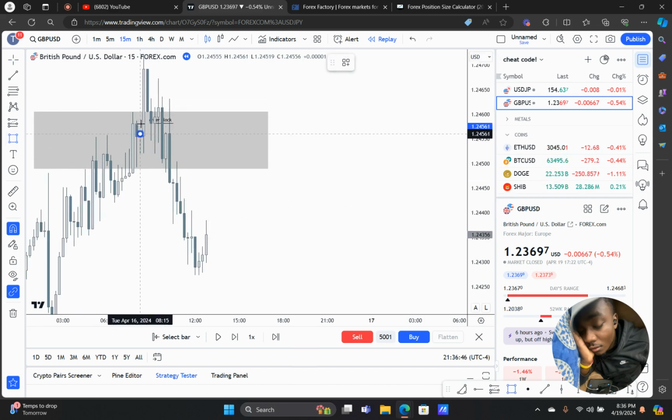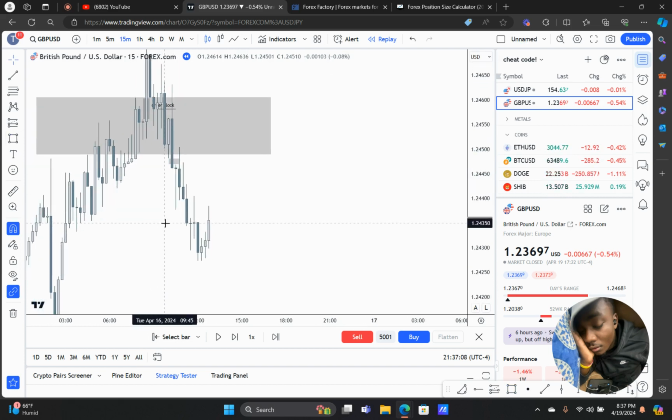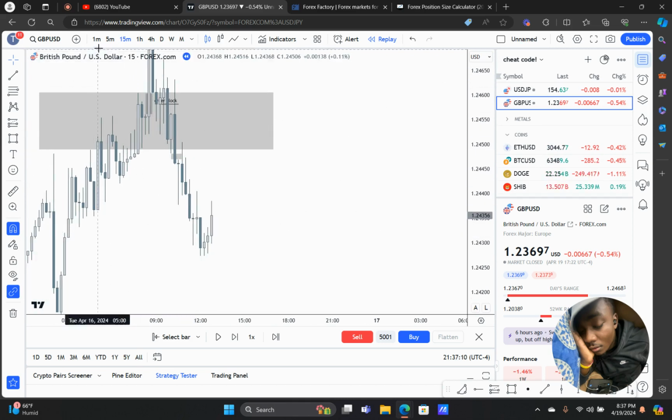If we want to go higher, we should have went higher off this 15-minute PD array, but we disrespected that by creating a 15-minute order block, which therefore created a 15-minute PDA right there that we can go lower off of.